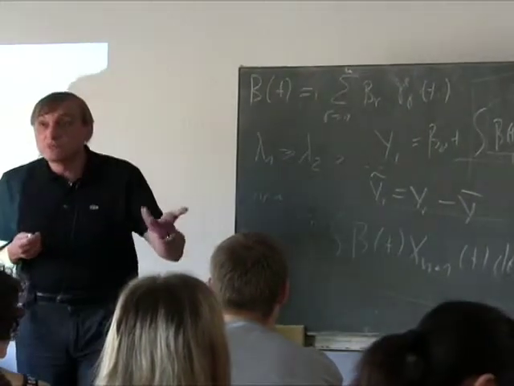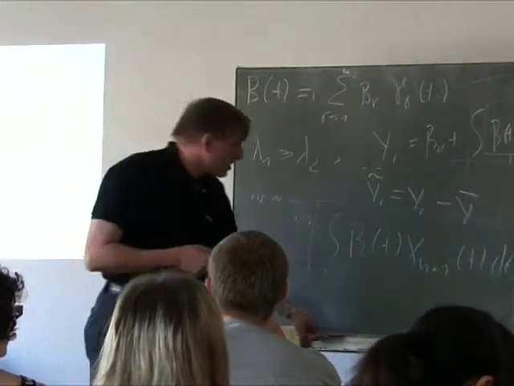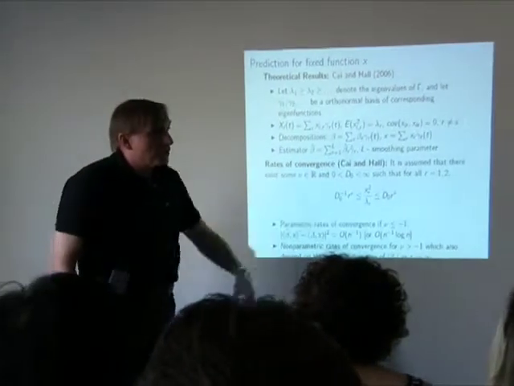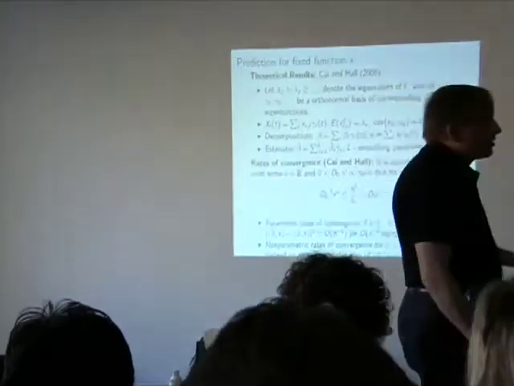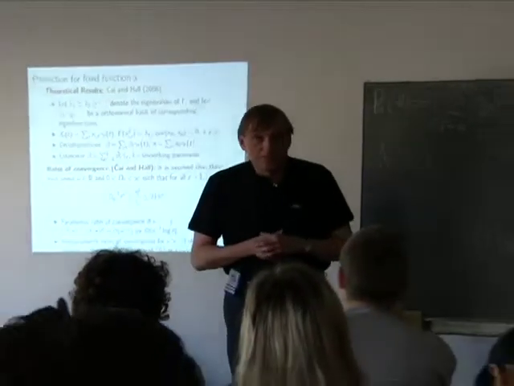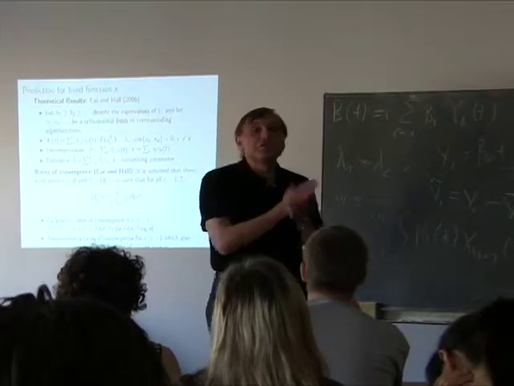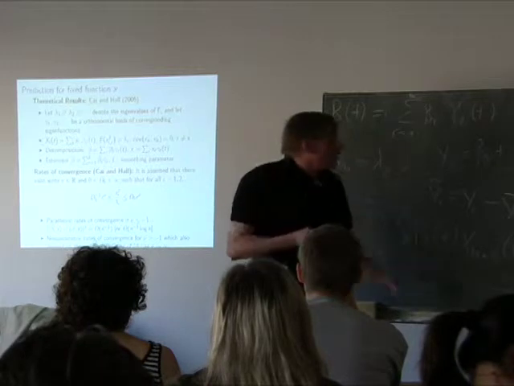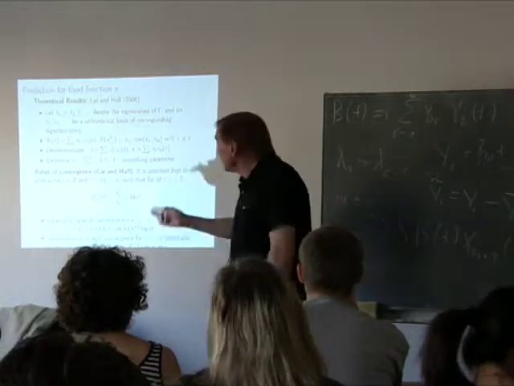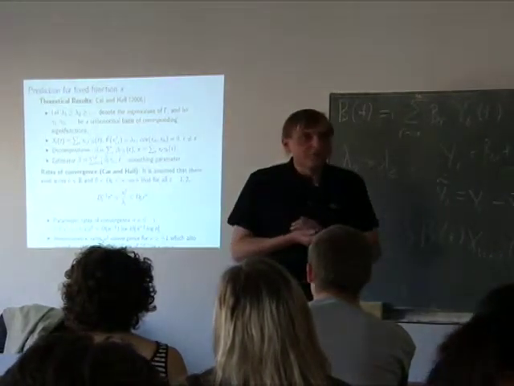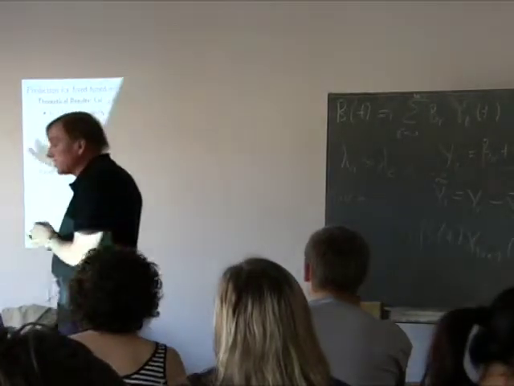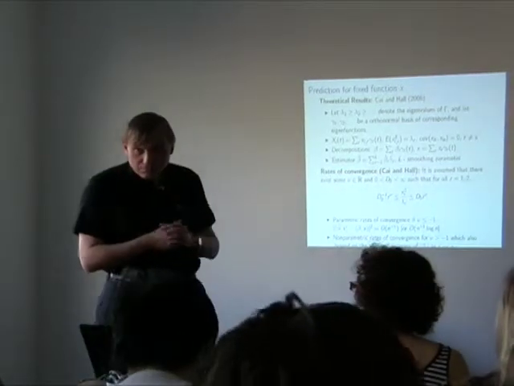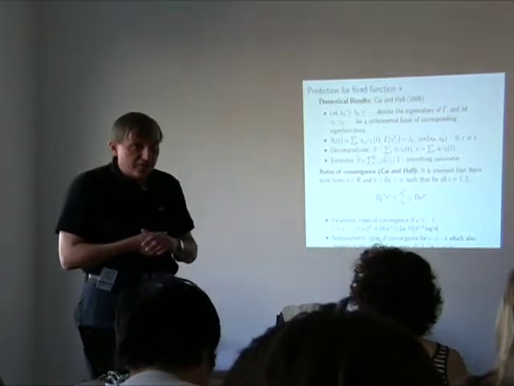So for a new random function of the same structure as the sample which we consider, they consider another prediction problem: if you don't have a new random function of the same type as the sample, but you fix a function, say I want to predict the integral of beta t times a fixed function x t. What happens there? And there, of course, the rates they get depend very much on the structure of the function you consider.